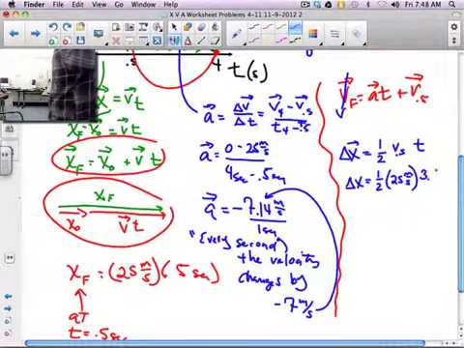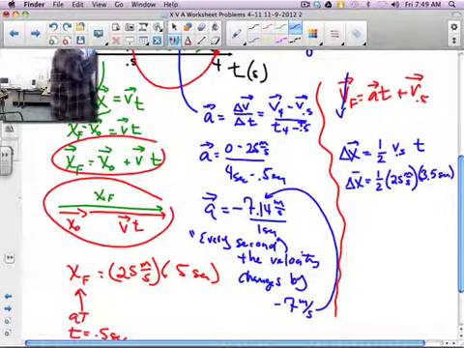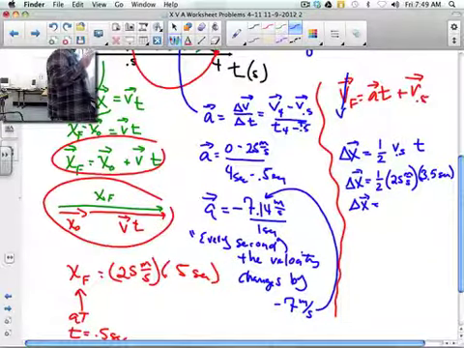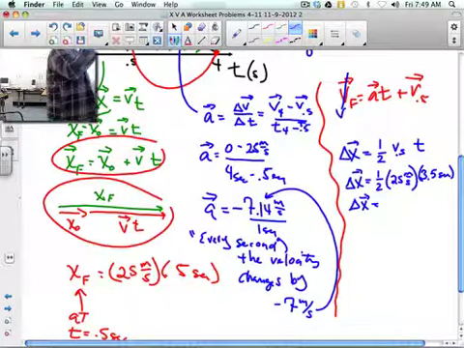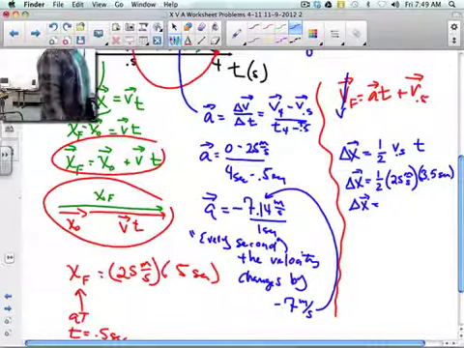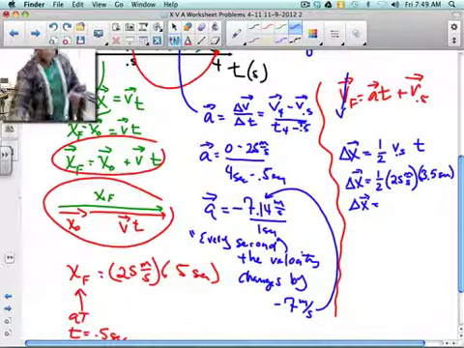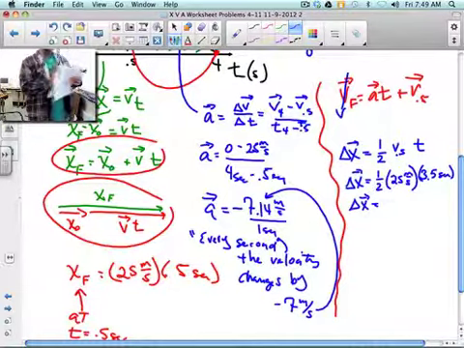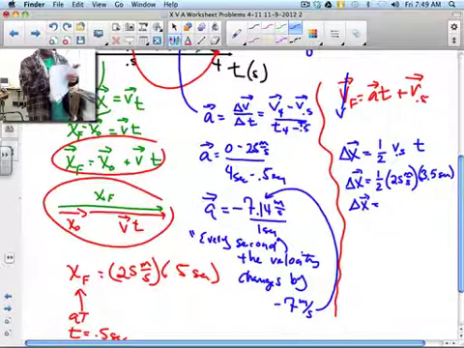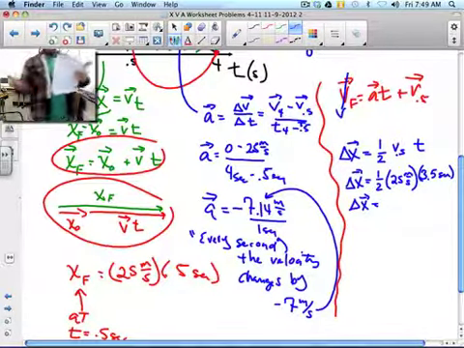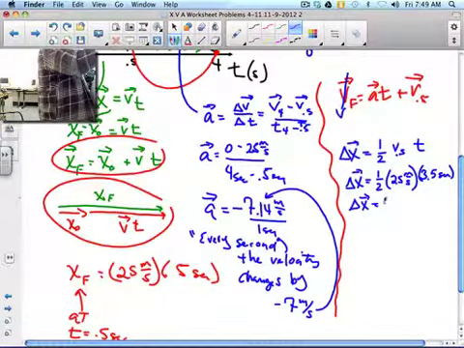That's the base of that triangle. So our displacement while braking is going to be 1/2 times 25 times 3.5. All right, so let's try that. 0.5 times 25 times 3.5. And that's going to be 43.75. Okay?